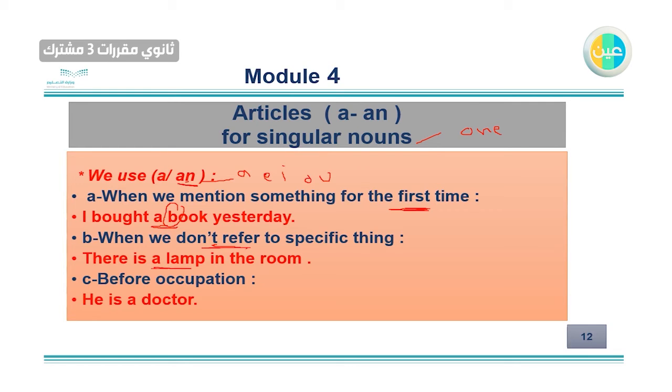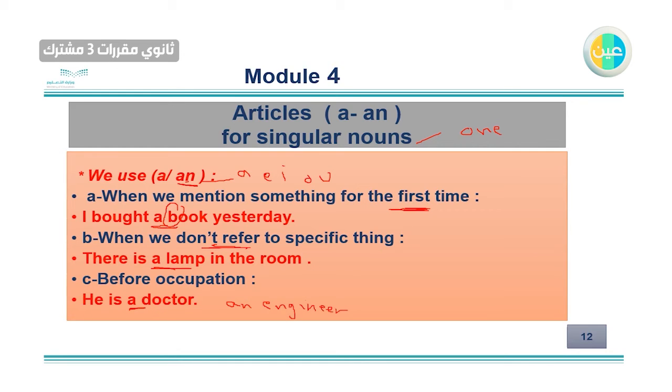Number three, the last one, before occupation, jobs, usually I say what? A or an. He is a doctor. He is a teacher. He is an engineer. So usually before occupation, we use a or an.